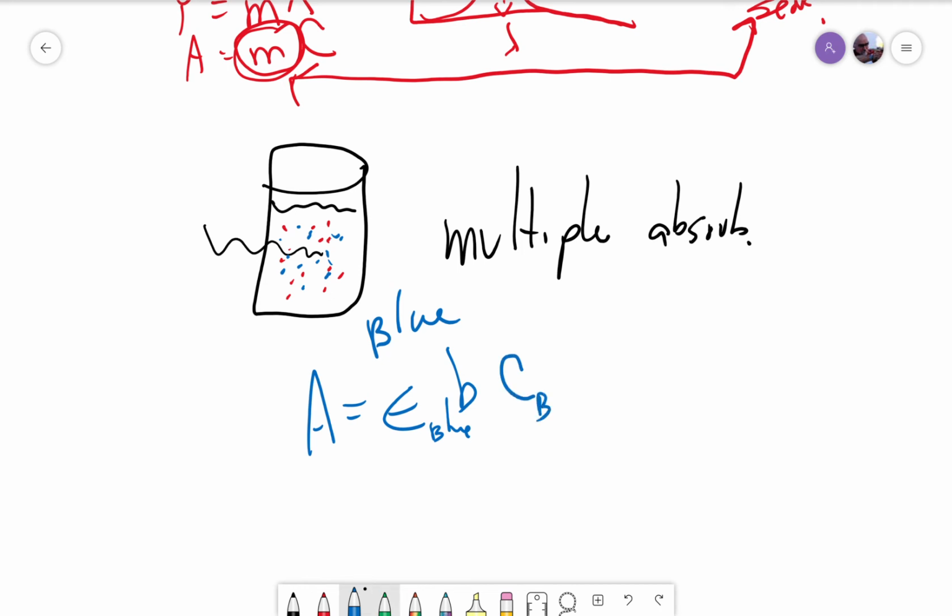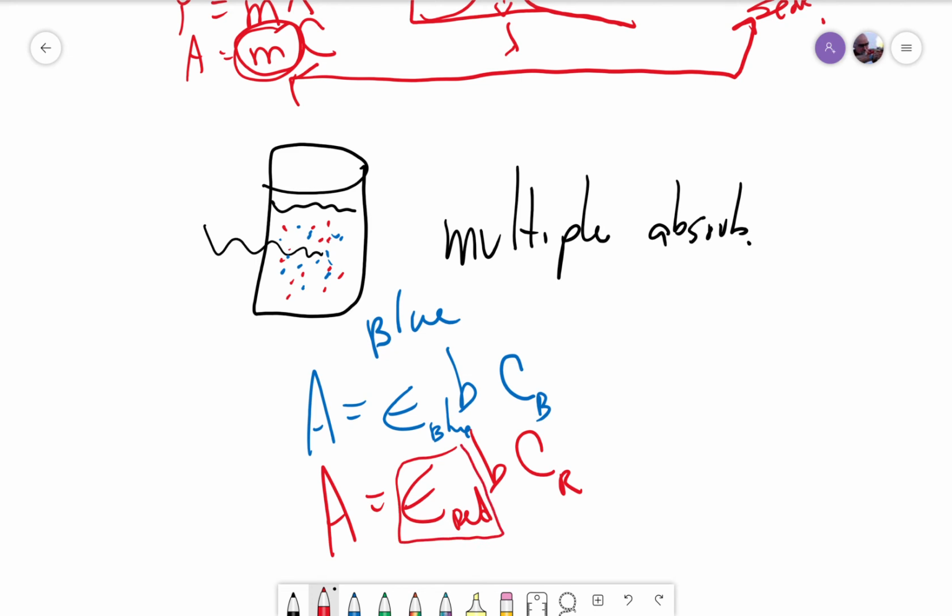And if we thought about just the red one, then the absorbance of the red one would just be the molar absorptivity of the red one times the path length times the concentration of the red one. Remembering that these are wavelength dependent.